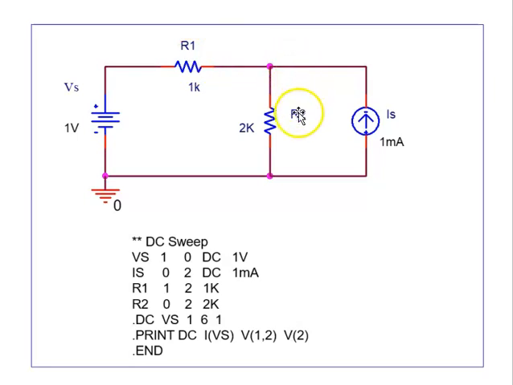This is the circuit. We can develop the .cir file as follows. First is the heading of the file, that is DC Circuit. This is the title of the program, and there is a voltage source with the name VS placed between node 1 and node 0. It is a DC source and its value is 1 volt.